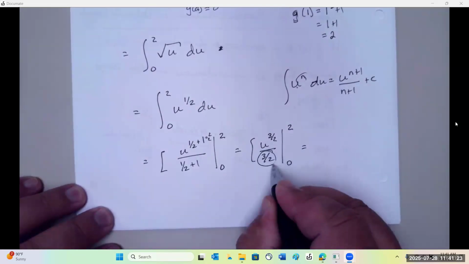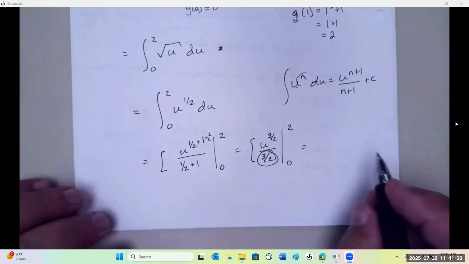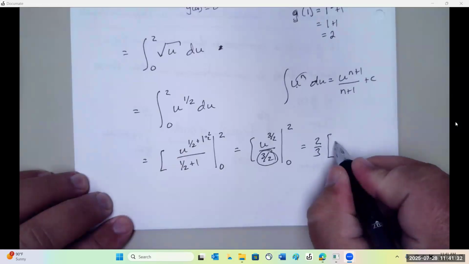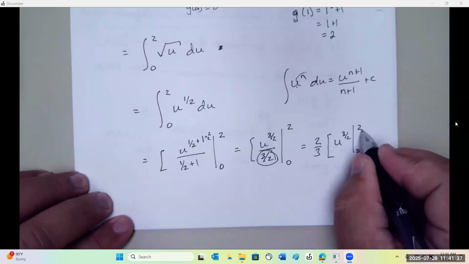What happens with the bottom number? Since it's a fraction, we flip it. So we get 2/3 u to the 3/2 from 0 to 2.